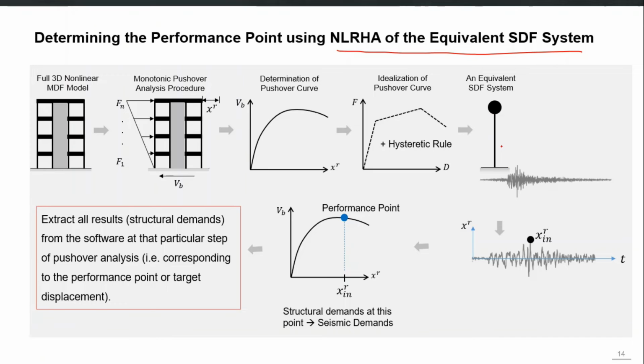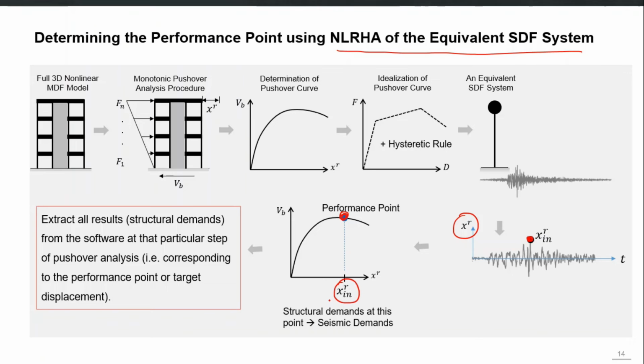From the displacement response of that system, you can pick the peak number, and that peak number can be converted into the peak roof displacement of your multiple degree of freedom system. Come back again to your pushover curve and extract all the responses at that peak displacement.